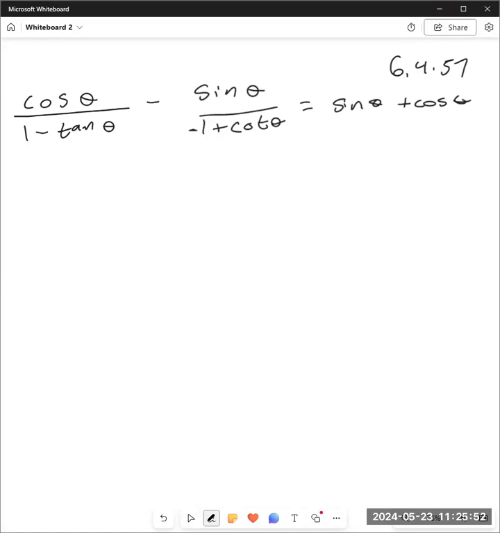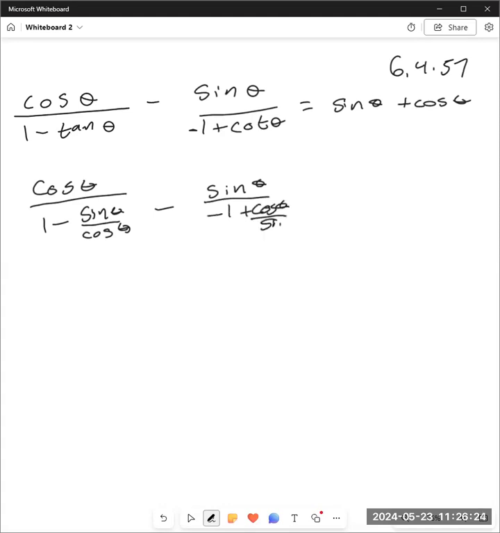We have only sines and cosines on the right-hand side. So they're going to tell us to write everything in terms of sine and cosine over here on the left. And so we're going to make this cosine over 1 minus sine over cosine. And then minus sine over minus 1 plus cosine over sine.